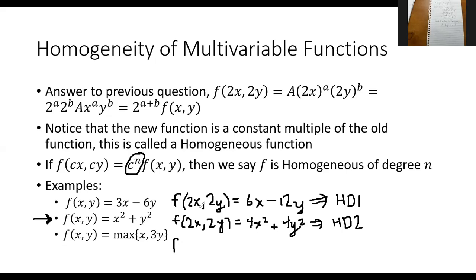How about this last one? It's a maximization one. You know how to do max problems? Equals max. Is it homogeneous? It's hard to write. x becomes 2x, and a 3y becomes 6y.